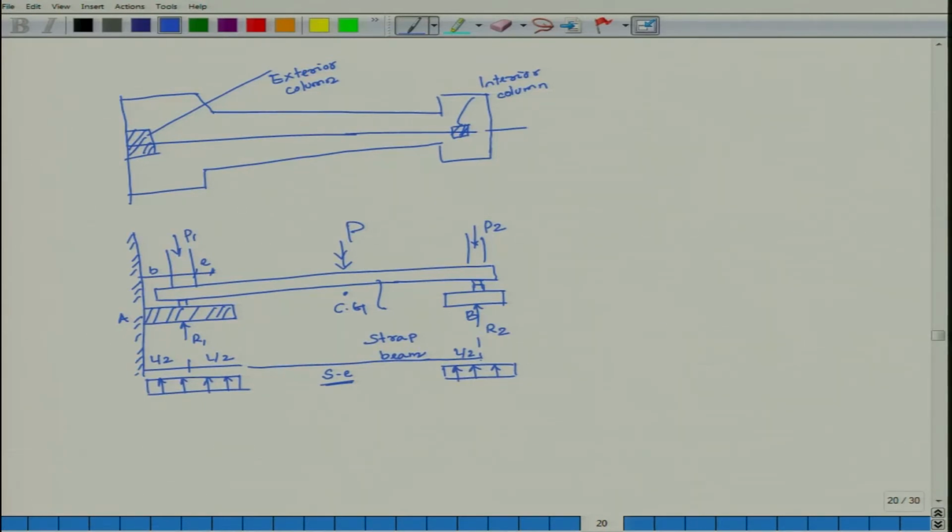So this strap connects these two columns, and it allows the load to be distributed smoothly below your ground surface. What is a strap beam? Basically a tie, a tie joining the two footings.